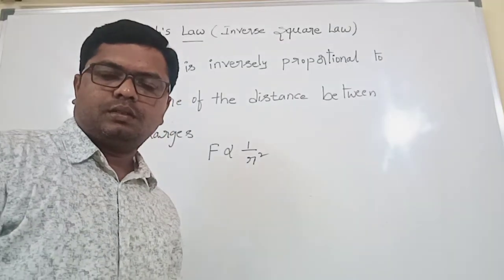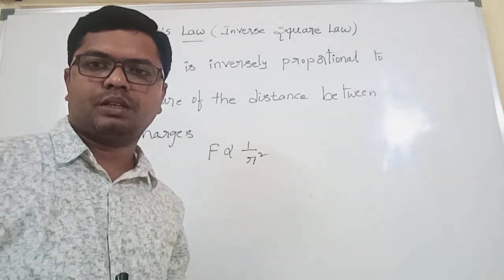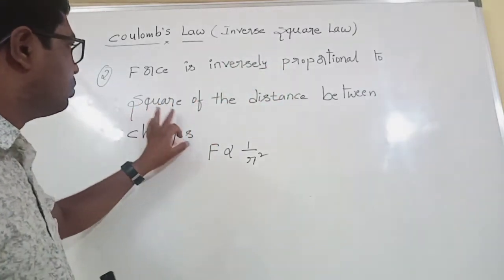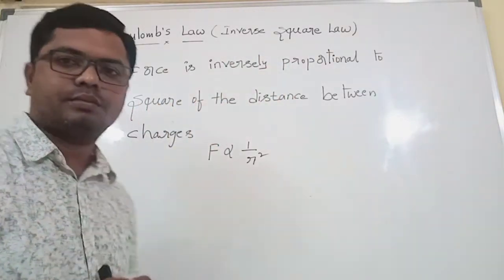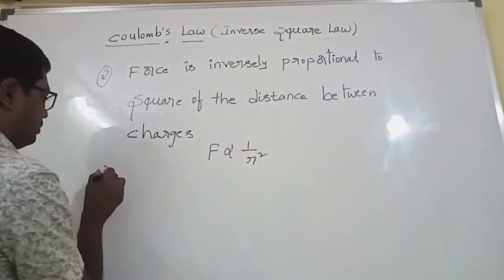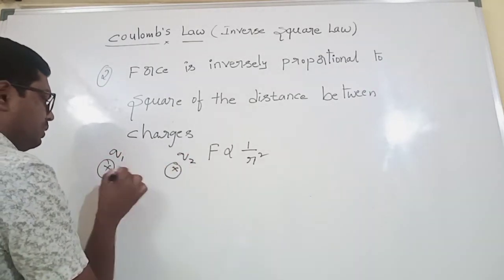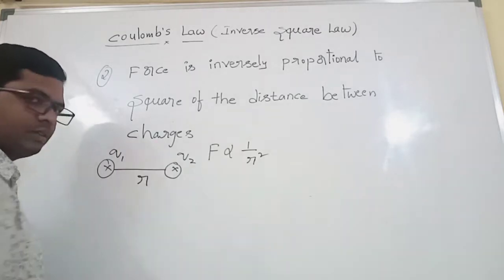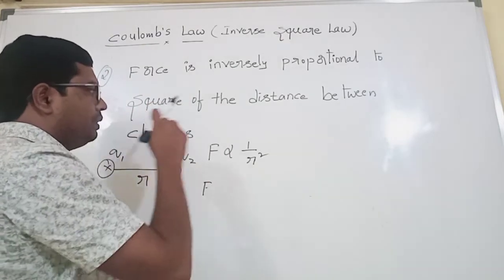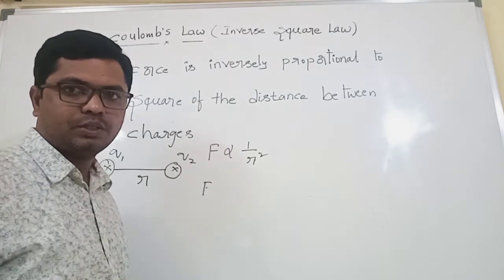Next, we are going to speak about the other part of Coulomb's law, which is that the force is inversely proportional to the square of the distance between the charges. Suppose this is one charge Q1 and this is another charge Q2, and the distance between these two charges is R. From this statement, F is inversely proportional to the square of the separation between these two.